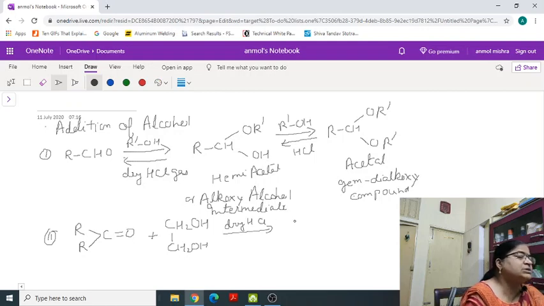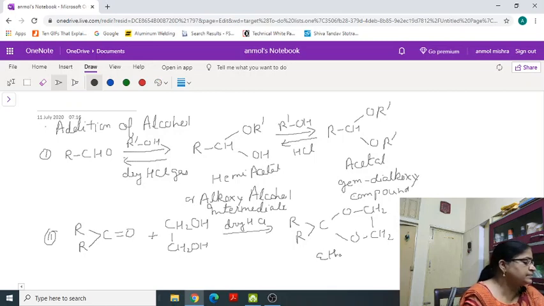It forms ketal. It forms ethylene glycol ketal. This ketal comes from ketone and this is ethylene glycol.